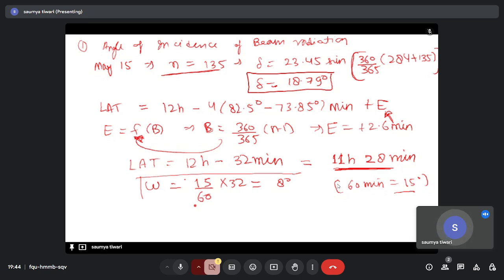For the tilted surface, first we'll see the tilt angle.